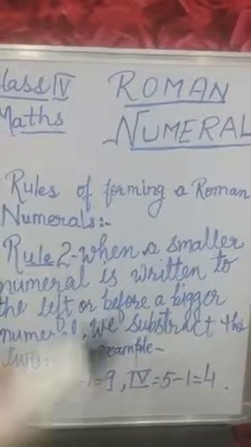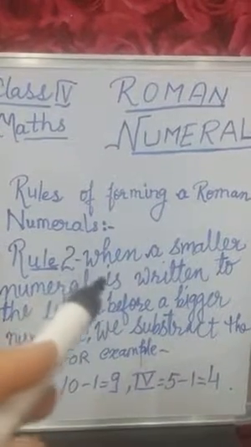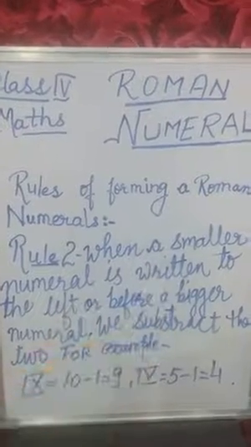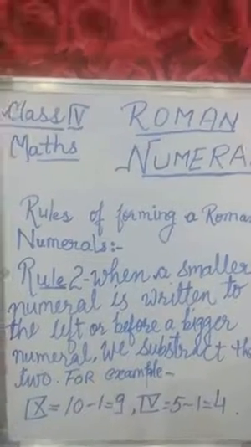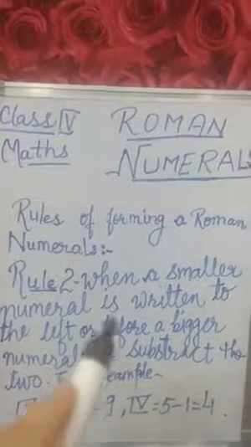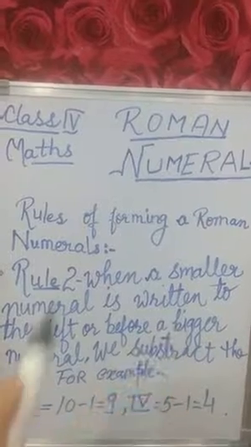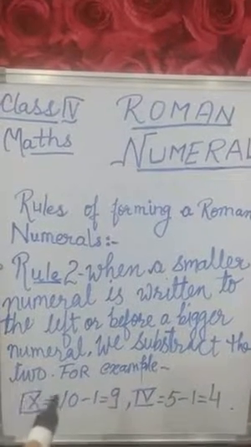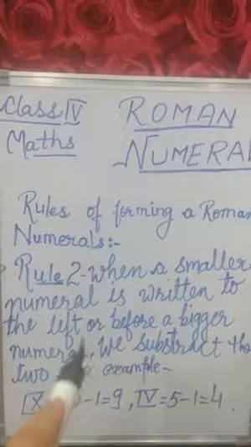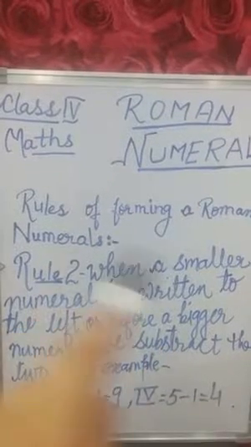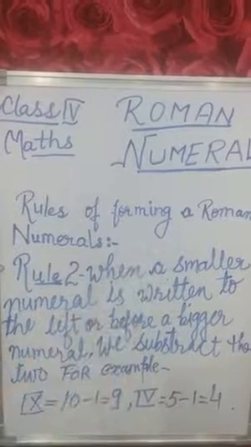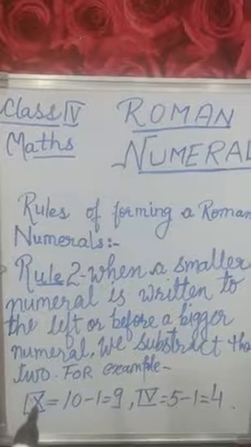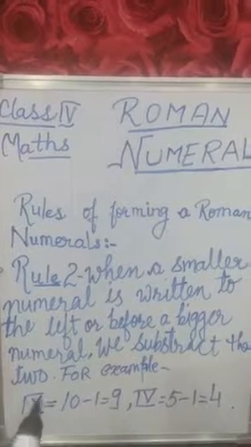Now let's study rule 2. Rule 2. Now what's rule 2? When a smaller numeral is written to the left or before a bigger numeral, we subtract the two. Again I am repeating what you have to do. When a smaller numeral, as we can see in this, is written on the left of the bigger numeral.